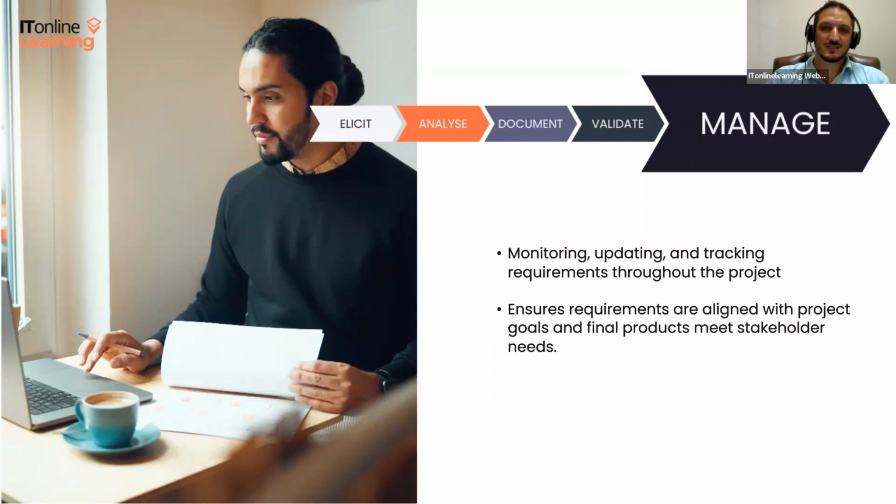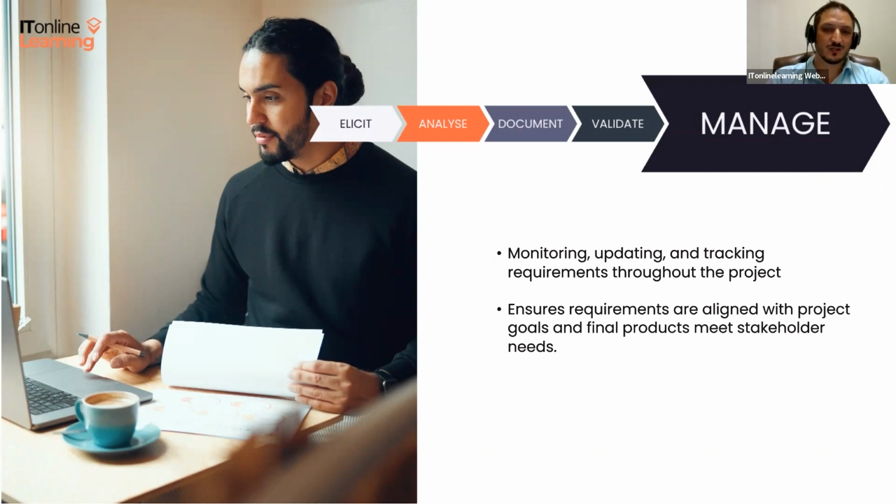You can imagine that sometimes once we've elicited the initial requirements, we may need to analyze those requirements and then document those requirements. We may be documenting the requirements before we analyze the requirements. We may need to validate requirements during a second elicitation session before we document the requirements.